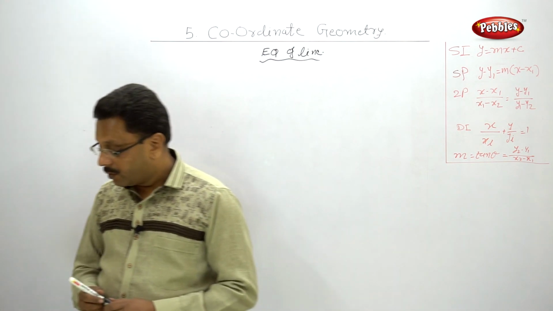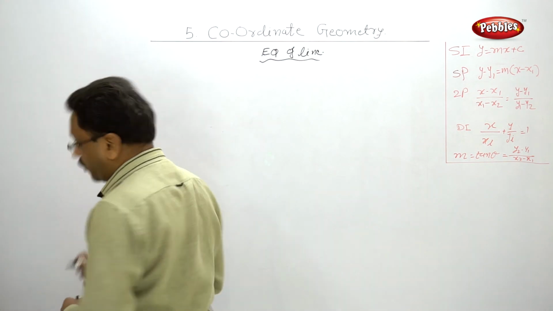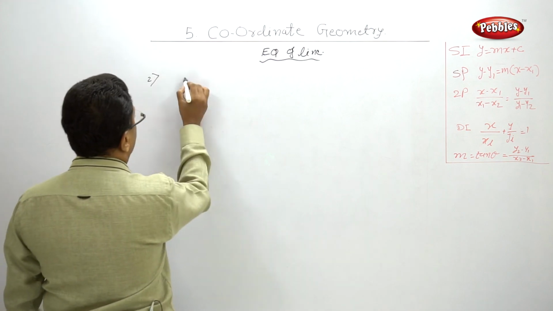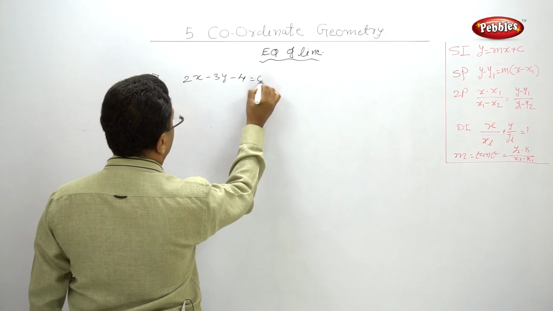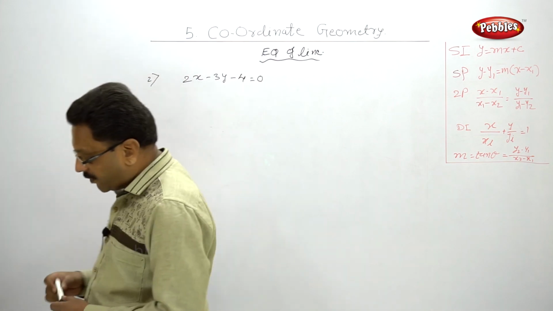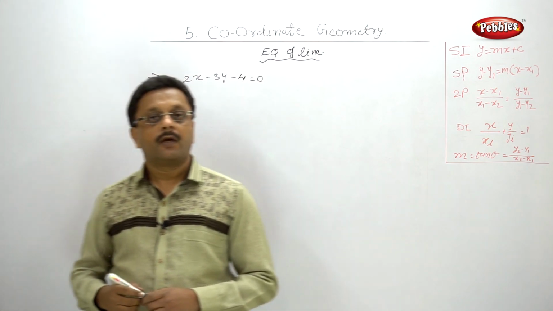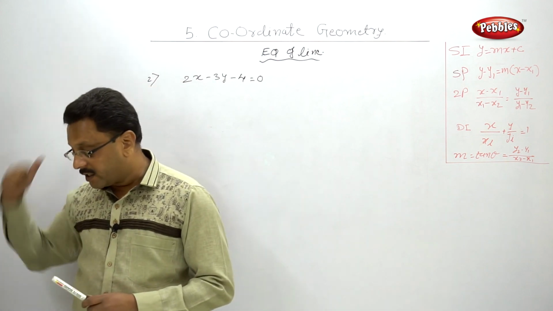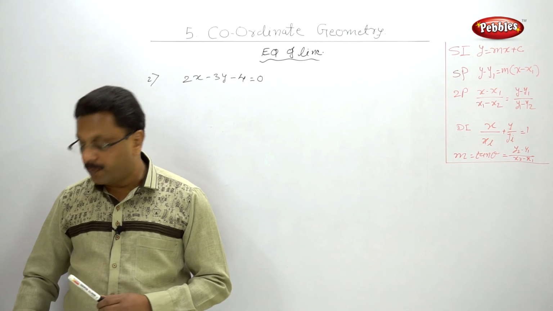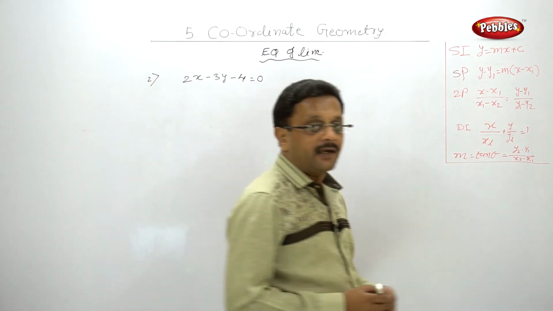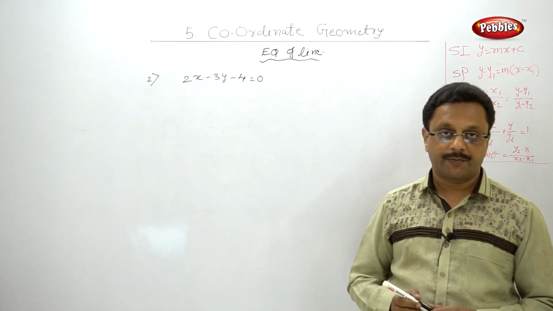Write the equation 2x minus 3y minus 4, second, 2x minus 3y minus 4 equal to 0. If this equation is given, what they ask is to write this equation in the slope intercept form, write the slope and y-intercept. Find out the slope and y-intercept.